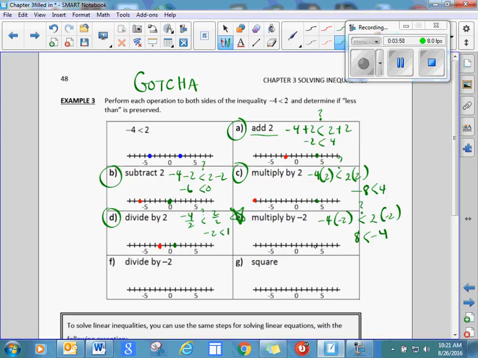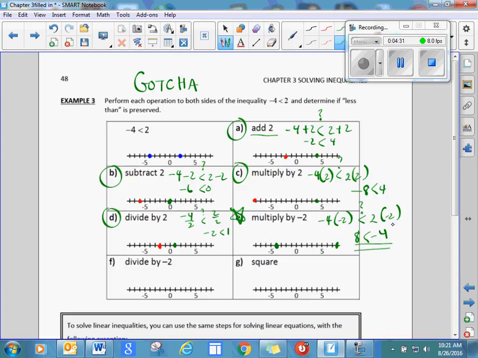If you needed a visual, you're going to have your 8 right here and your -4 right here, but 8 is not less than -4. Oh, I should have plotted one of those in red. Sorry. We've got to take care of this situation, because right now we have a statement that's not true.